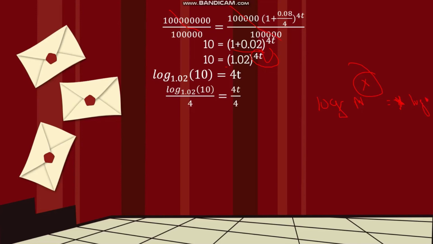So we put the logarithm with base 1.02 on 10, which is equal to 4t. We now bring down our exponent. In order to isolate t, let's divide both sides by 4. So t is equal to the logarithm base 1.02 of 10, divided by 4.